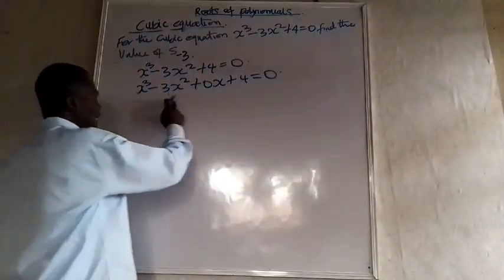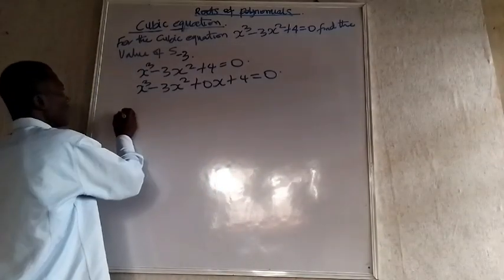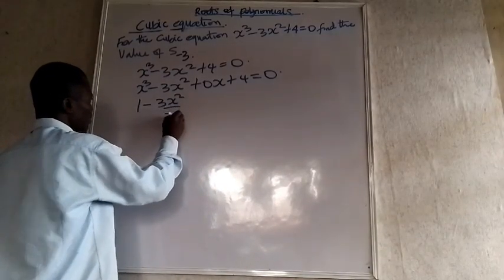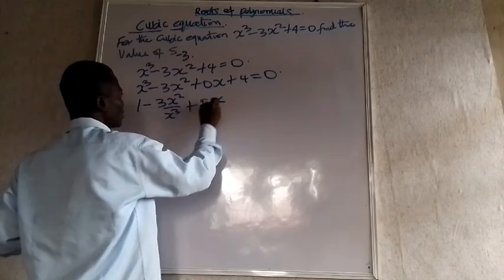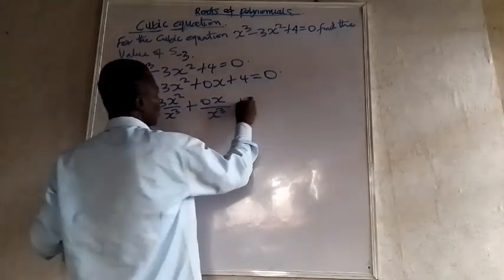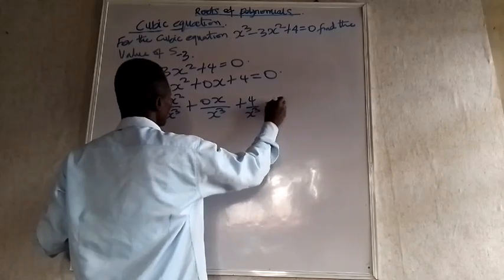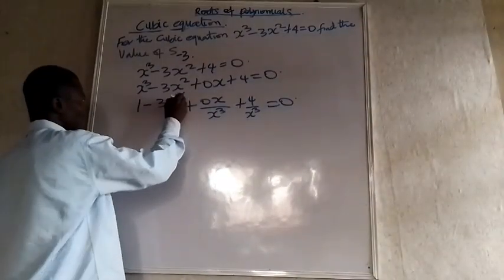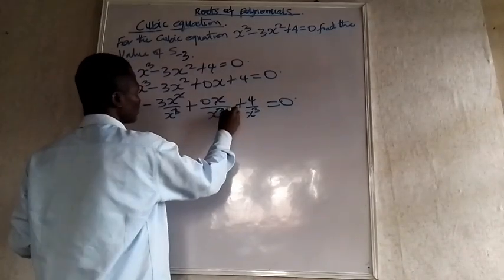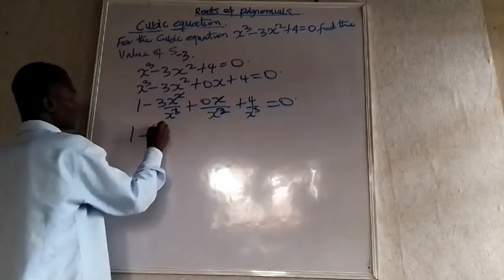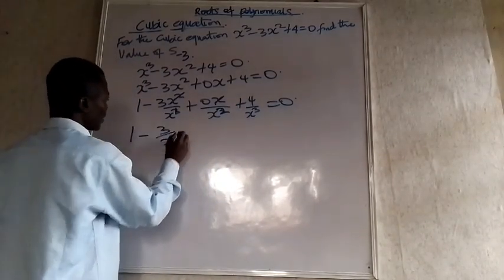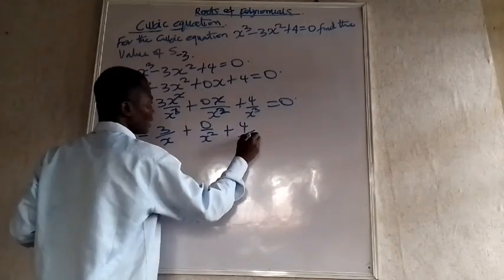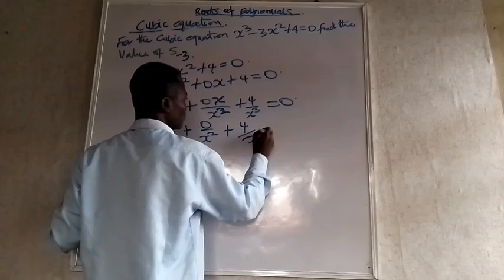Now let's divide through by x cubed. So we are going to have 1 minus 3x squared over x cubed plus 0x over x cubed plus 4 over x cubed equals 0. At the end of the day, we have 1 minus 3 over x plus 0 over x squared plus 4 over x cubed.